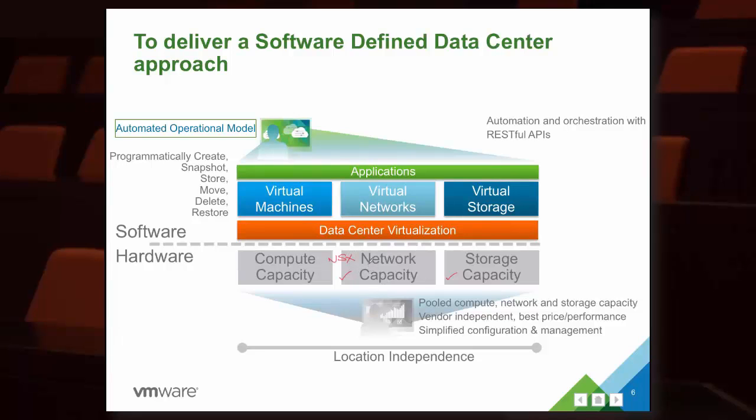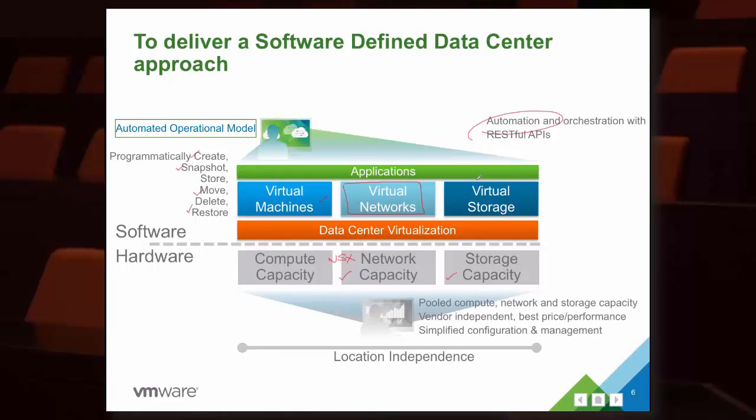With NSX, we're able to not just have virtual machines, but to have virtualized networks, virtual networks that are capable of doing the same things virtual machines can. We can create them programmatically, snapshot, restore, move them, store them efficiently, and build in automation and orchestration with not just the machinery, but also the networks and the storage.